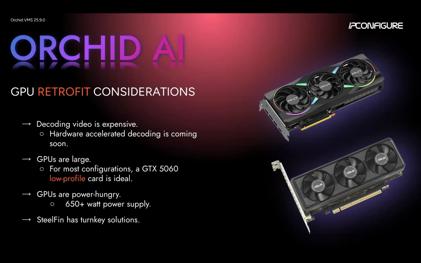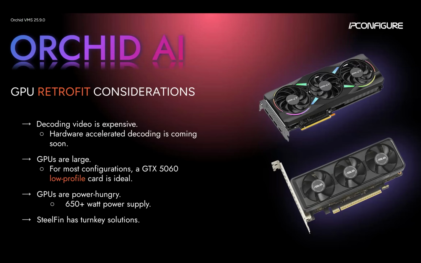But for most configurations, most NVR owners are going to want to look at a low profile card. So the NVIDIA GTX 5060 is what we're shipping with our SteelFin AI servers, and that's probably a good fit for most folks. It's this card here in the bottom. It'll fit in a 2U chassis. It'll fit in a space constrained environment where your typical GPU, a big card, won't fit in an NVR size server.